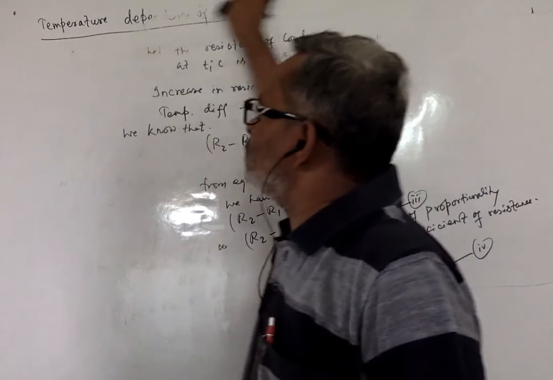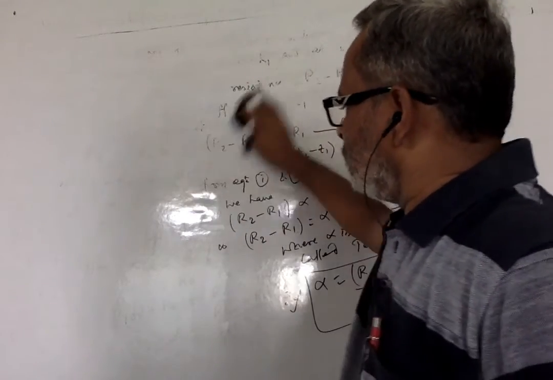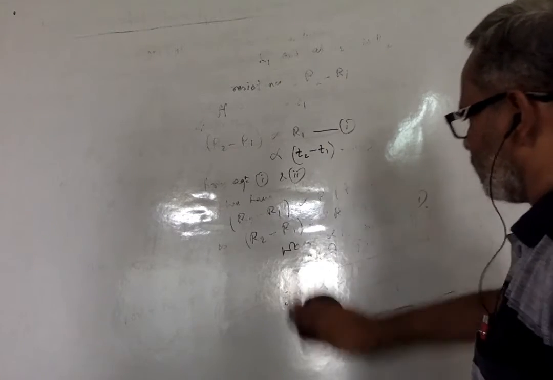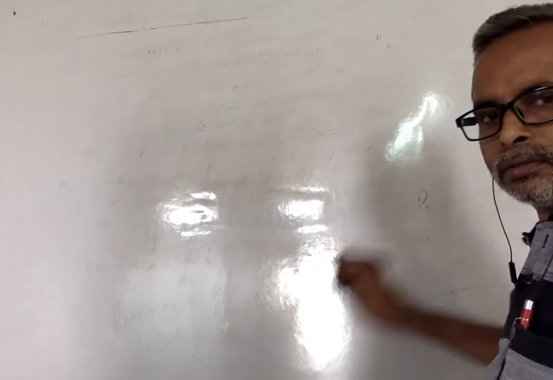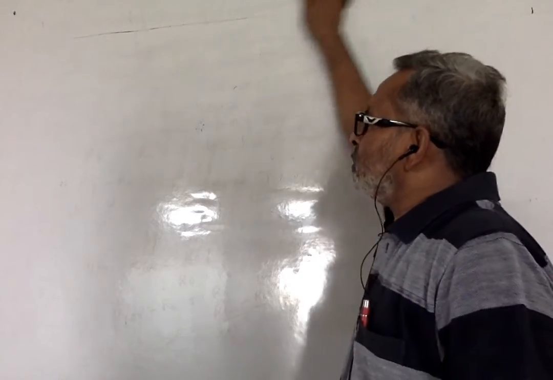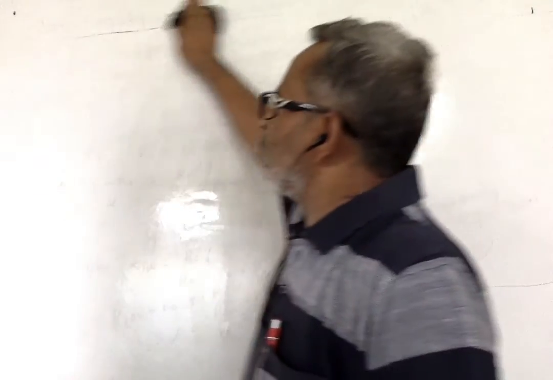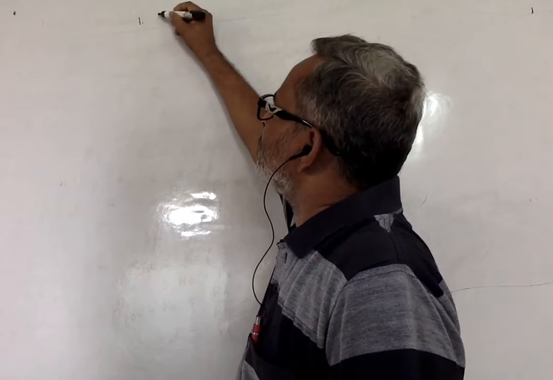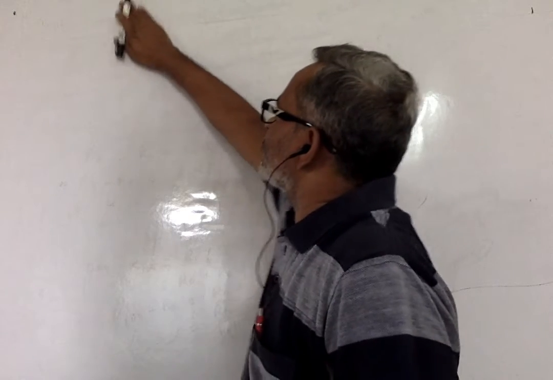Now we have to obtain the relation of series and parallel combination of resistance. Resistances are combined in two ways: first, series combination, and second, parallel combination.